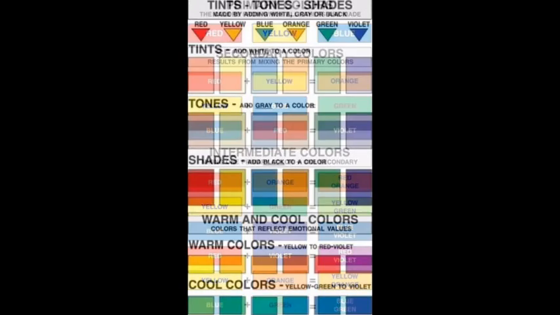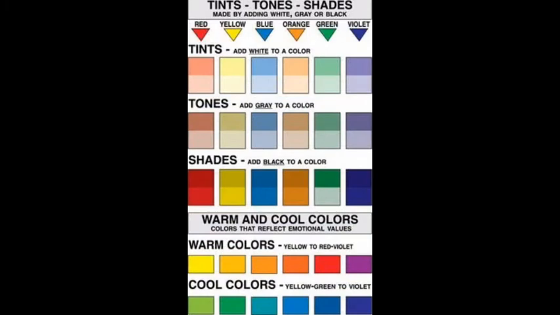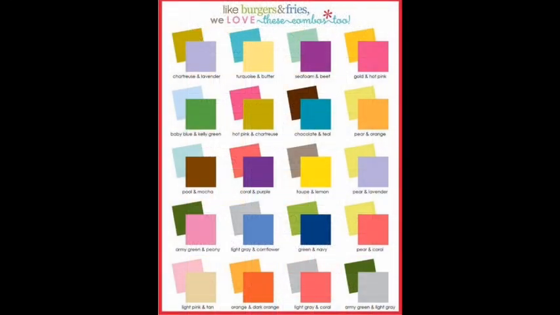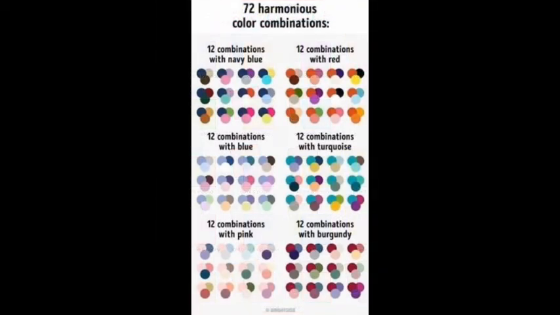And next to it are the tints, tones and shades. We have some warm and cool colors that you can as well make use of. So this particular point, which is the 72 harmonious color combinations, is a point I want you to pay very critical attention to. Why?